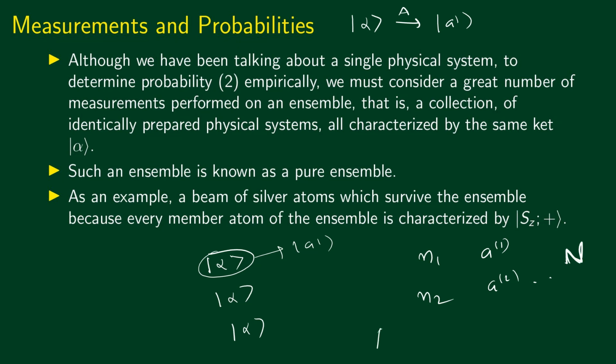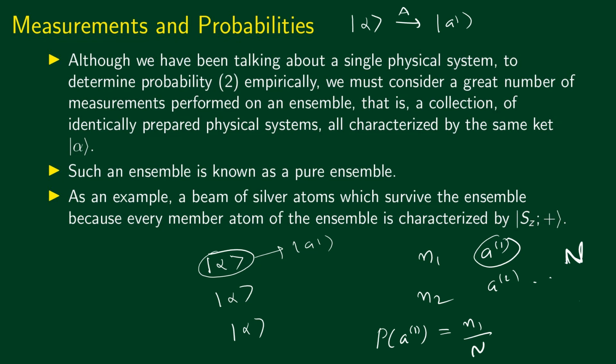Then we can say that the probability of measuring a1, which we are calculating empirically, is n1 divided by capital N. That is the fraction of times you get the value a1, and that's the definition of probability. So P of a1 is the number of times you measured the value a1 divided by the total number of measurements, the total number of identical systems that you prepared.